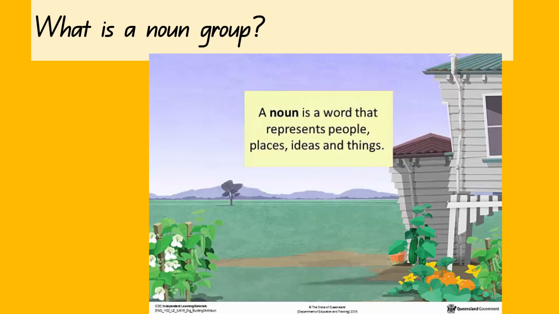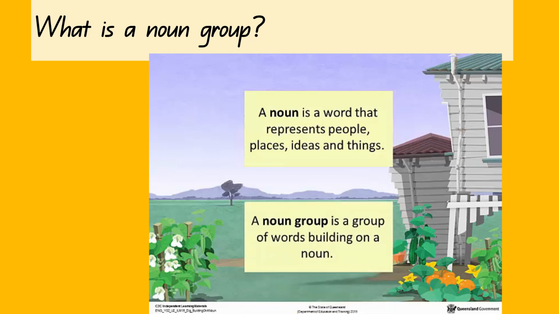Remember, a noun is a word that represents people, places, ideas, and things. A noun group is a group of words building on a noun. Noun groups engage the reader. They make your story easier to understand because you are giving the reader more information to work with. You are describing characters and settings in ways readers can understand and imagine.